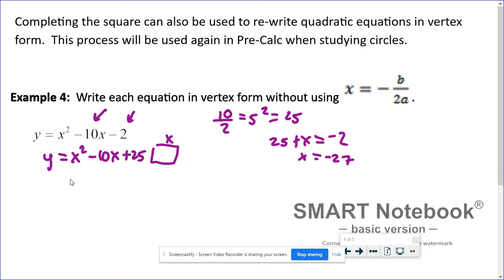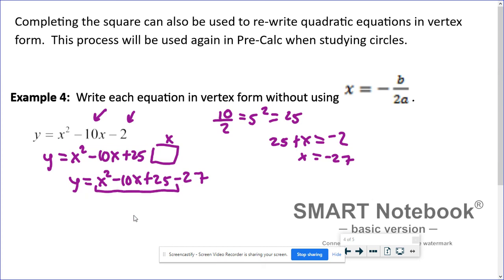So the idea is that these two numbers need to add back to what you started with. 25 plus -27 is -2. And then I need the 25 because that's going to complete the square with this part here.